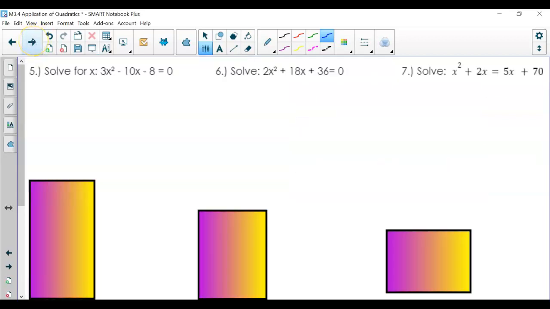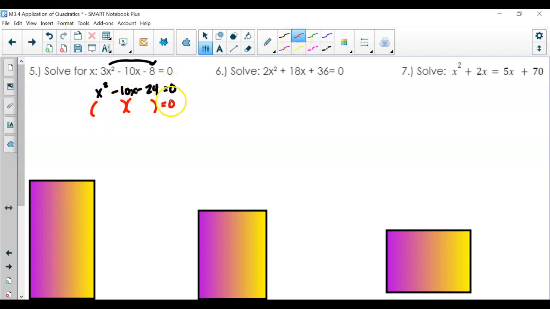So the reason why we're ending with these is just going back to solving our equations. Looking at number 5, we're just solving for x. Well, I notice here we have the value of 3, right? Do we have a GCF? No. So this is when we would do bottoms up and multiply. X squared minus 10x minus 24 is equal to 0. Then we can factor.